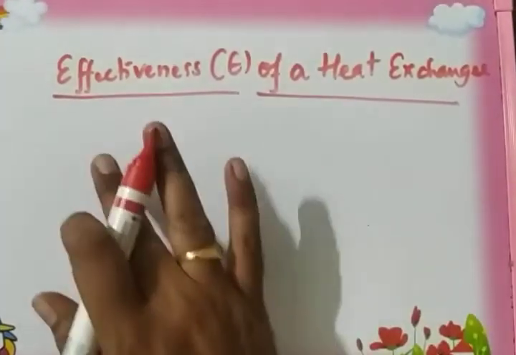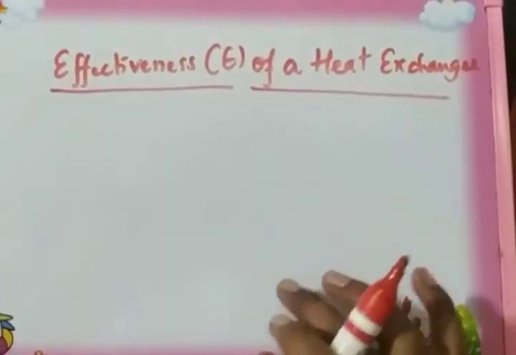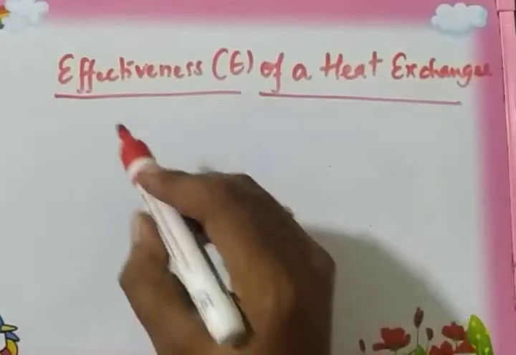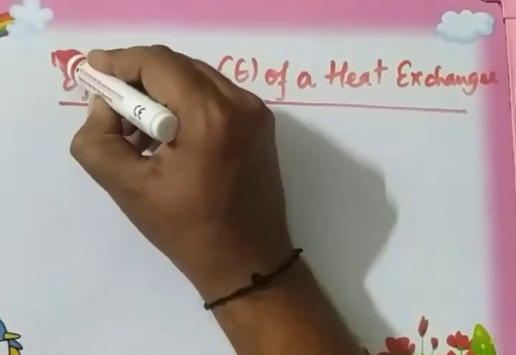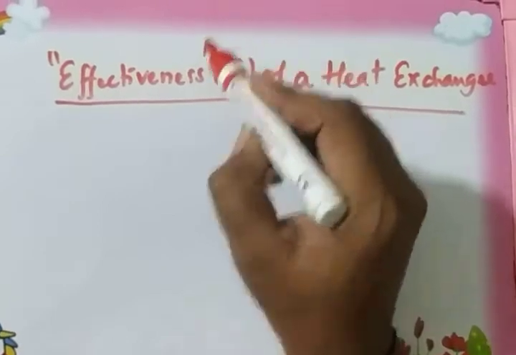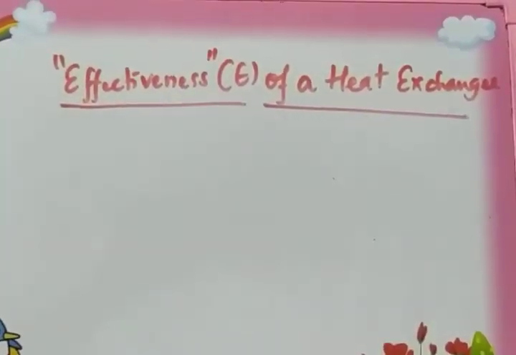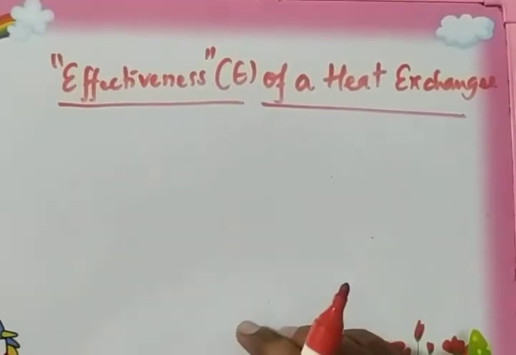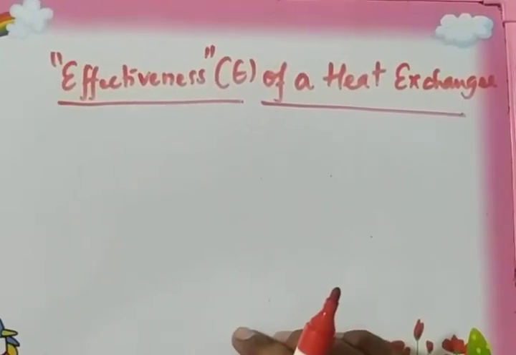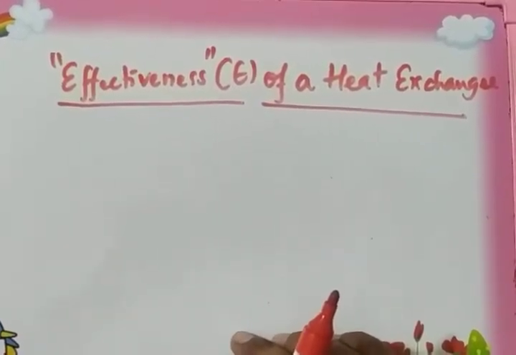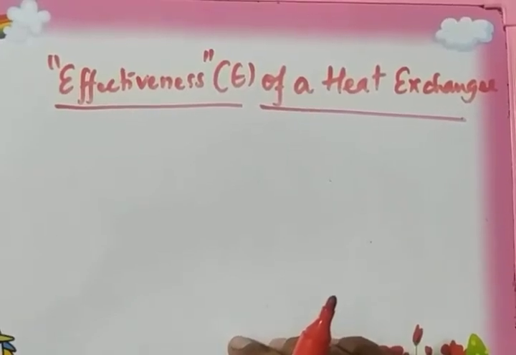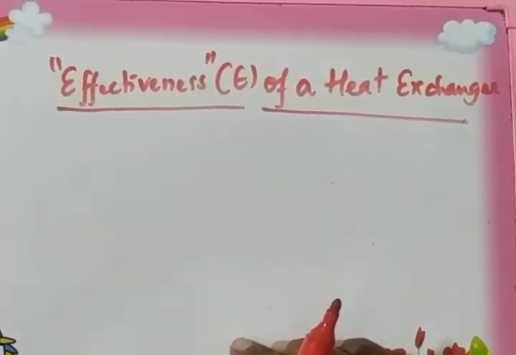So in order to determine the performance of the given heat exchanger, we are going to introduce a new term called effectiveness. We are going to define a term effectiveness, which is basically a measure of how better a heat exchange occurs between the two fluids in a given heat exchanger.